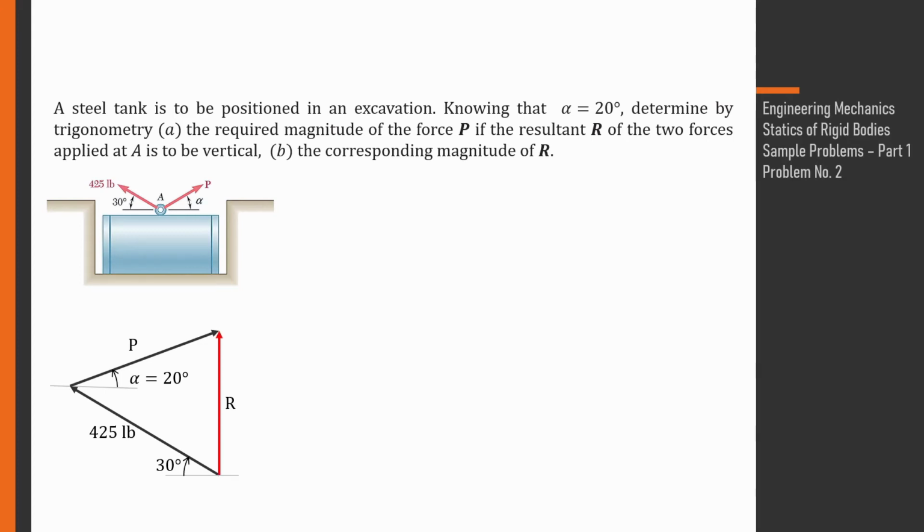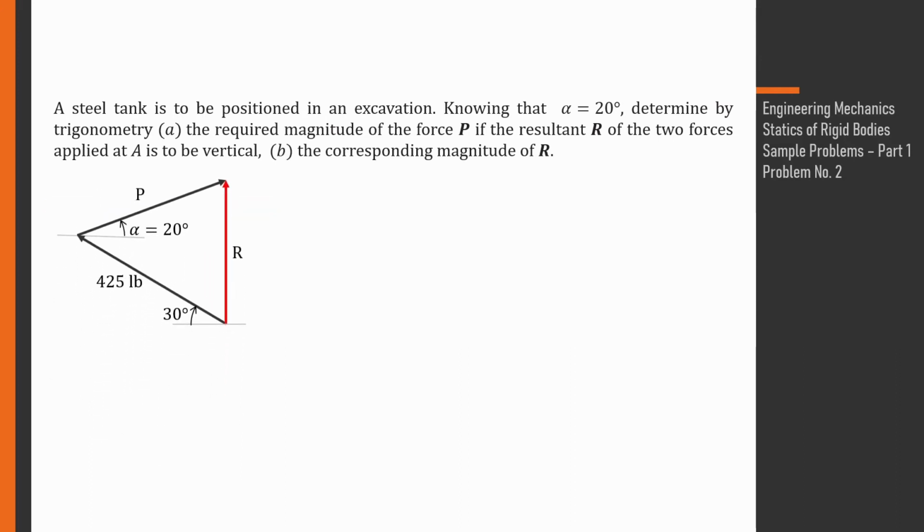We'll need the magnitude of the resultant R, which is vertical. Because of alternate angles, there's the 30 degrees. And then let's denote angle beta as the opposite angle for the given 425 pounds, and angle rho as the angle opposite force P.